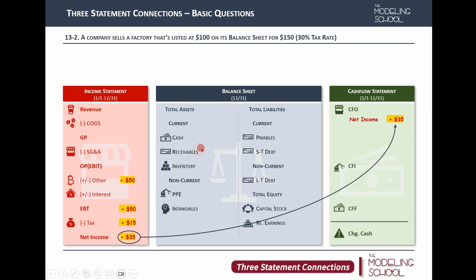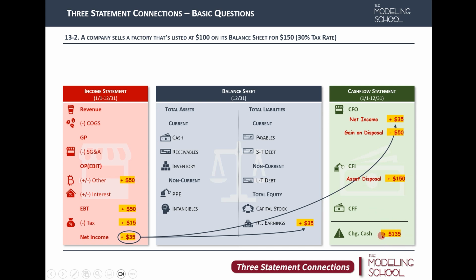We start from $35, and remember that we record gains as adjustments on the cash flow statement. So for gains on disposal, we're going to adjust minus 50 to cash flow from operations. And under cash flow from investing, we write a positive $150 inflow of cash from asset disposals, and the net change in cash would end up at 135.